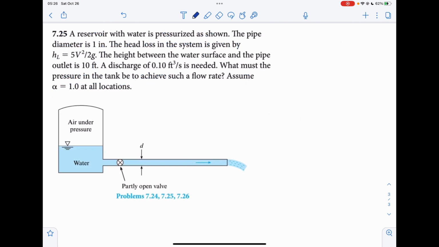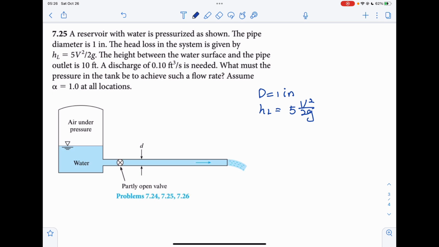Now let's look at 7.25. A reservoir is pressurized as shown. The pipe diameter is 1 inch, so D equals 1 inch. And the head loss in the system is given, which is 5 times the velocity to the power of 2 over 2g.